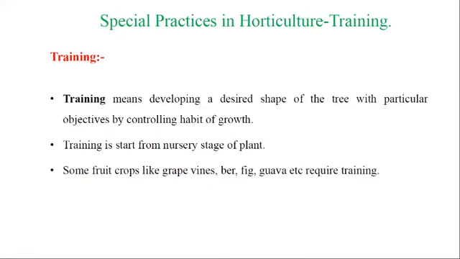Yes, it may be controlling the habit of growth, or developing a desired shape of the tree with a particular objective. Yes, there are different objectives. We will consider that point. Training, developing a desired shape to the plant.